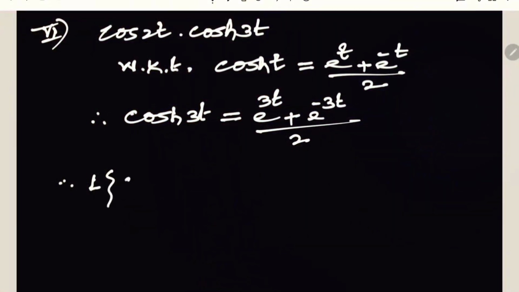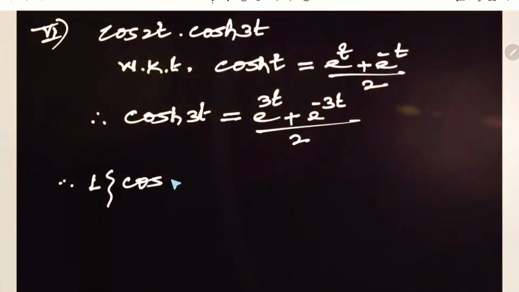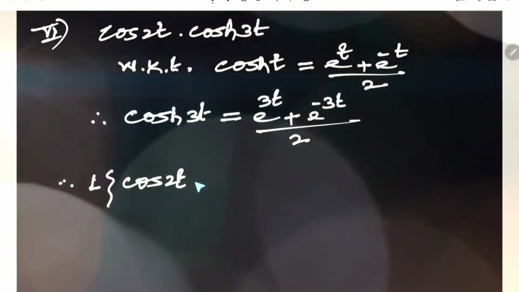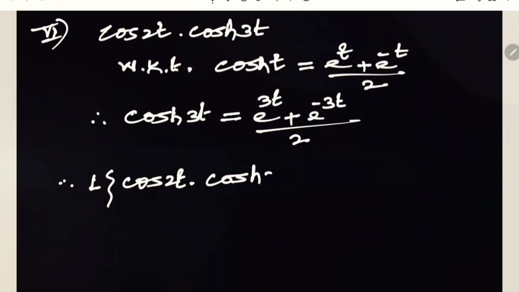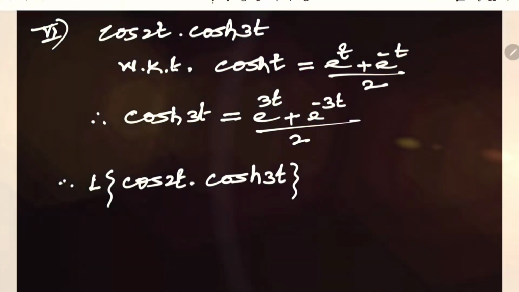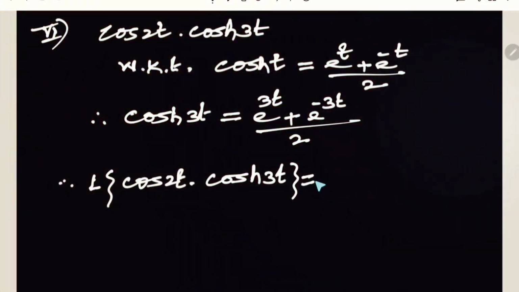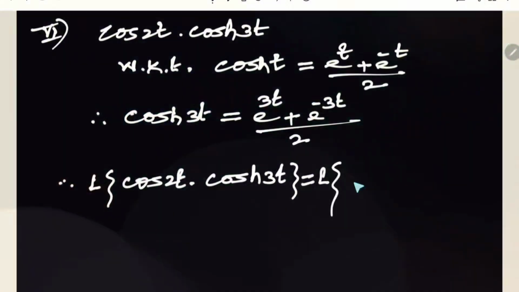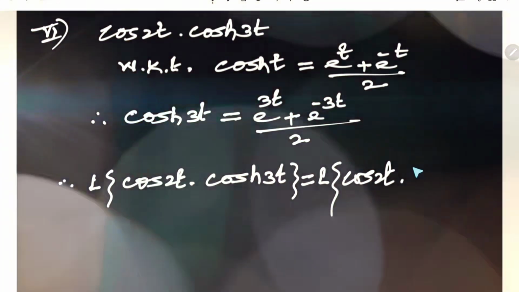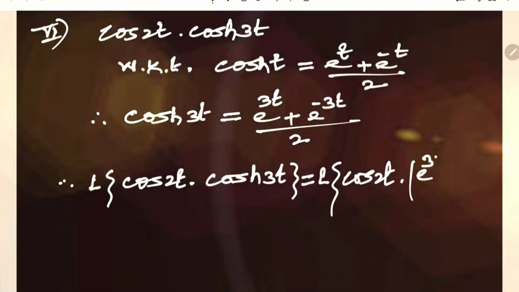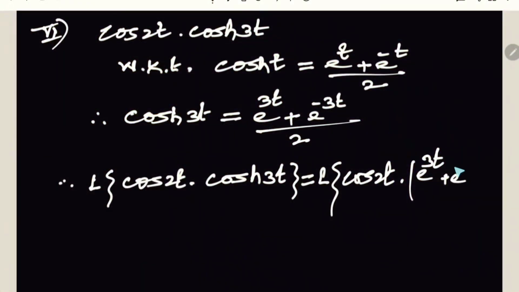And therefore, Laplace of cos 2t into cos h 3t we replace by this new term, and therefore it becomes Laplace of cos 2t into e raised to 3t plus e raised to minus 3t by 2.